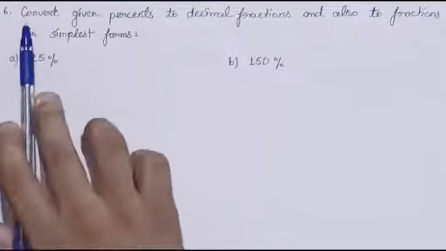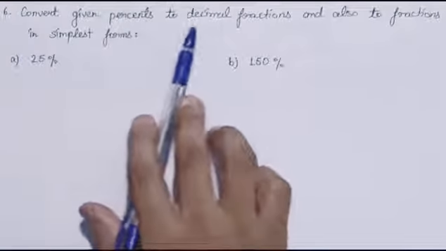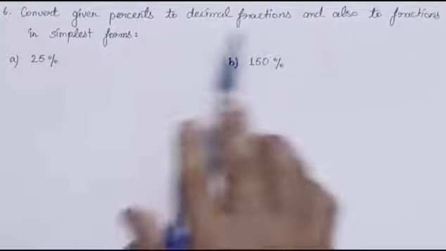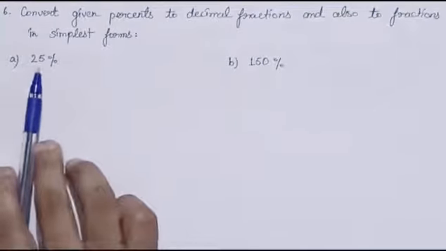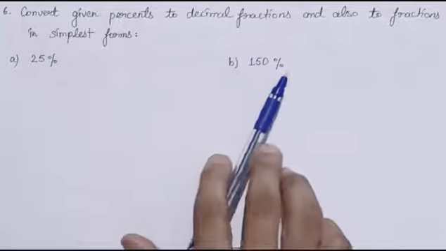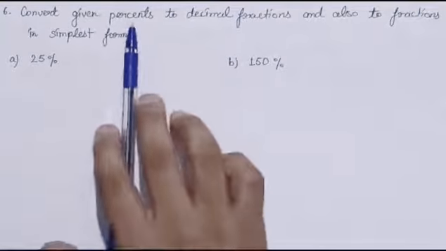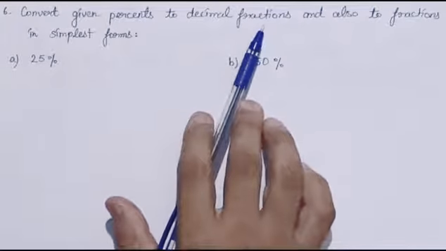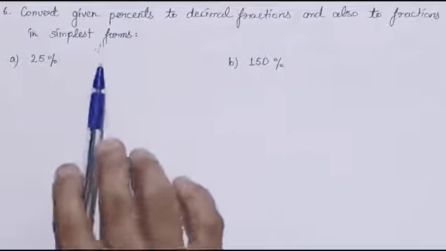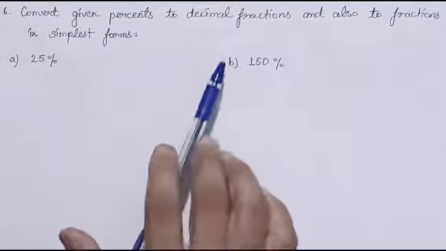The next question we have: convert the given percent to decimal fraction and also to fraction in simplest form. So here we have the following parts: first 25% and second 150%. Now students, whenever we have to convert percent to decimal fraction, what do we do? We just divide the given percentage by 100 and remove the percent sign.